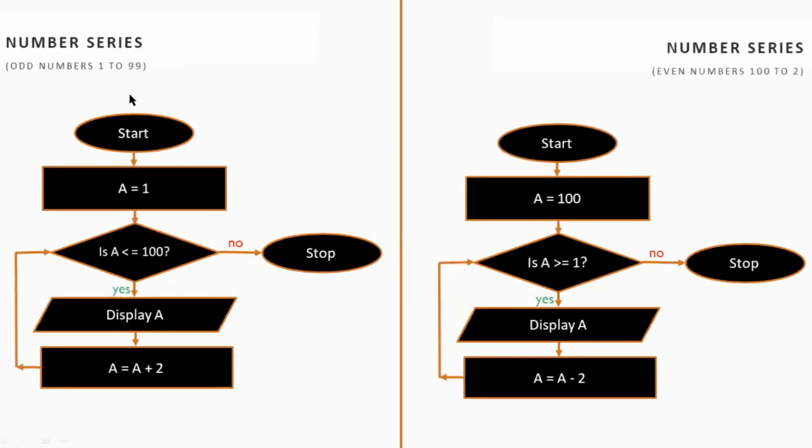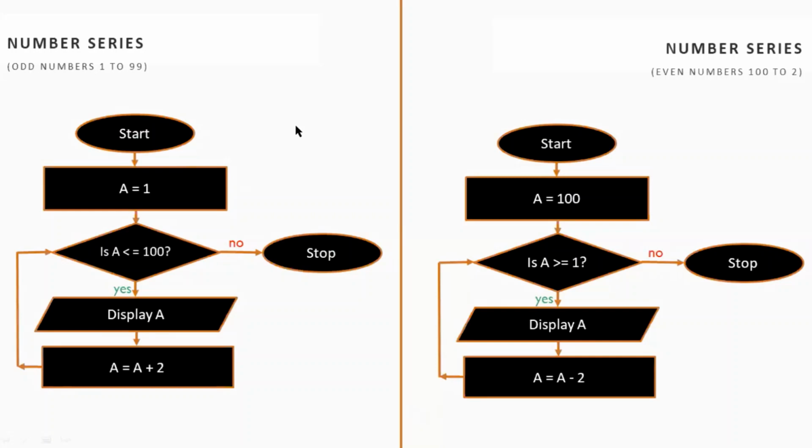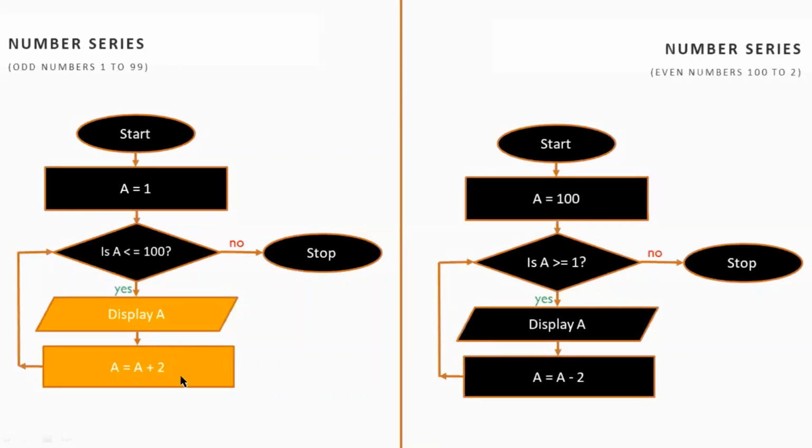Now let us go for the flowchart for odd numbers and even numbers. For odd numbers, I have done it in ascending order, and for even numbers, I have done it in descending order. We are going to change three places. Basically, the shape of the flowchart will remain the same. A equals 1 for odd numbers in ascending order, so we're starting from the smallest value. Then the condition up to where we have to reach, and the difference between the numbers.